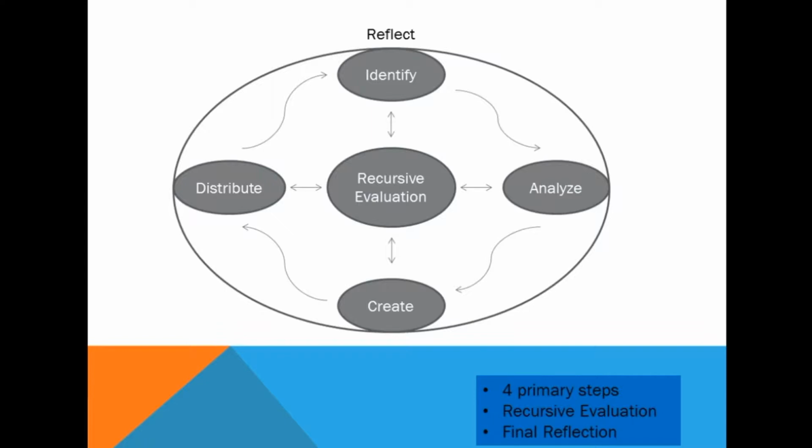At the identify phase, the designer is asked to identify a set of learning objectives. And then at the analyze phase, the designer is asked to analyze the audience and the environment as well as the technology. So in this step, basically the analyze phase of the ADDIE model has been broken down into 2 steps.